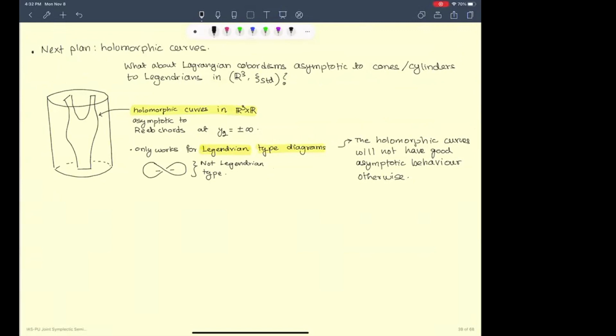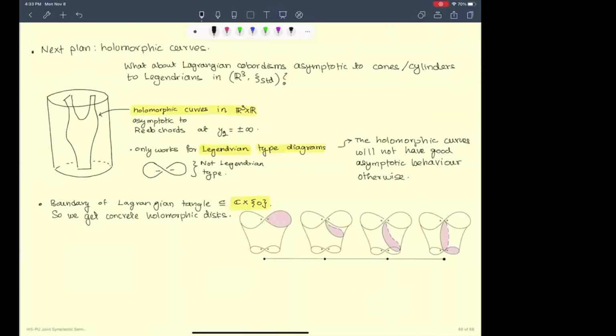These are much less wild than that. If I try to do the same thing, I don't get Lagrangians, and the problem is that these holomorphic curves won't have good behavior. At finite height, they'll shrink to a point like this and have some singularities. And that's not great.